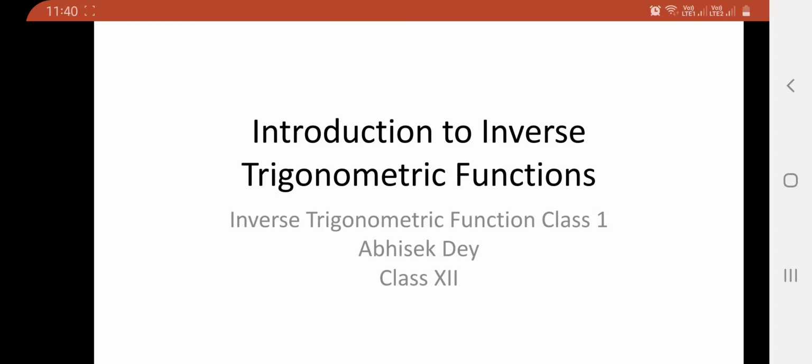Whenever we say sine theta, cos theta, tan theta, all these functions, they are basically doing what? When I am saying sine theta, it means in place of theta, there will be some value of angle I have to put, and sine theta is going to give me a value.